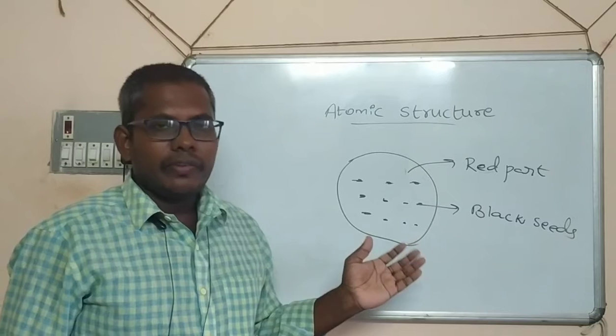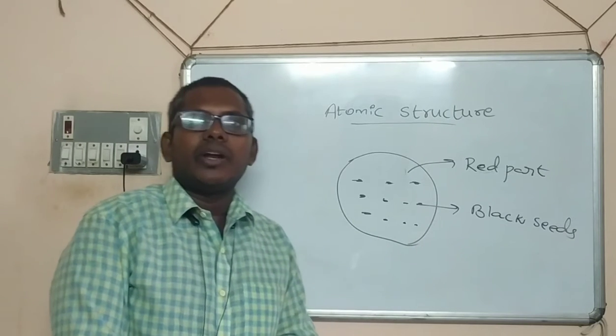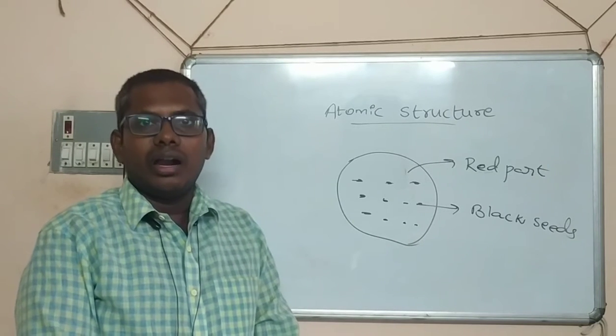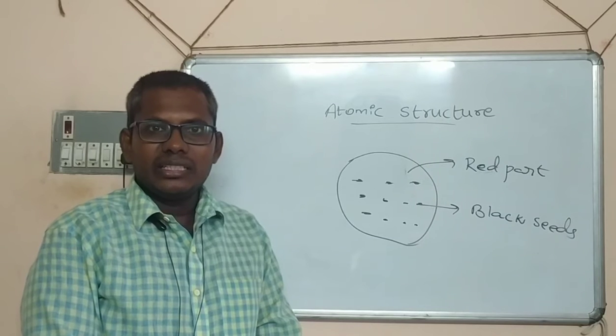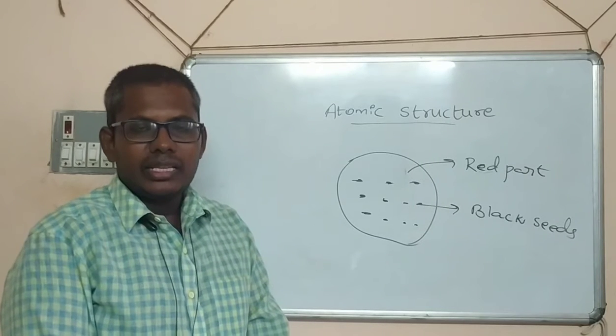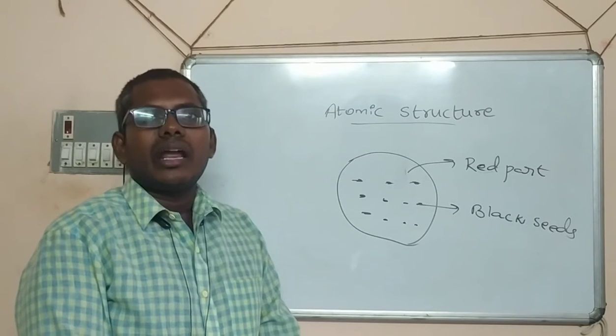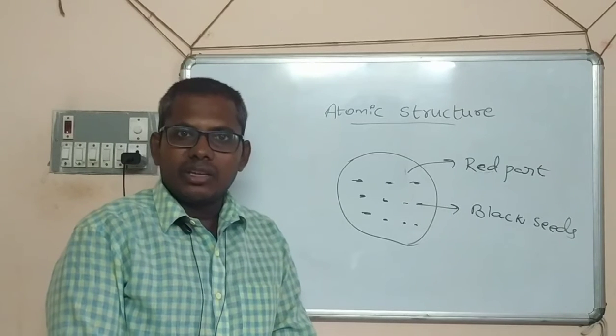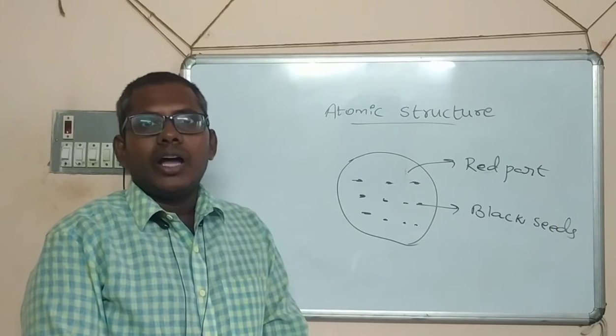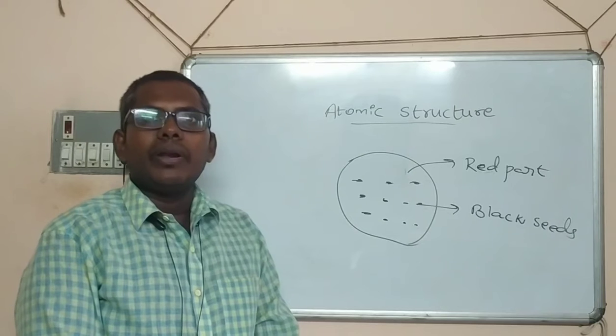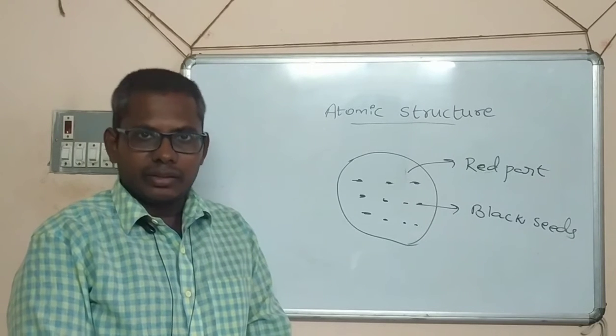Now I will say the three points again. First point, the atom is a hard, positively charged solid sphere. Second point, electrons are embedded in the positive charge of the atom. Positive charge is more when compared to the electrons.